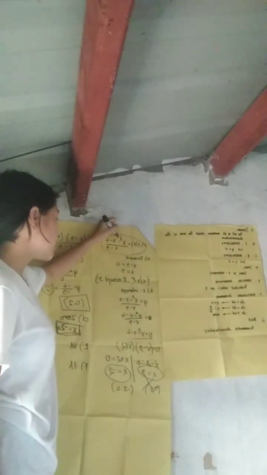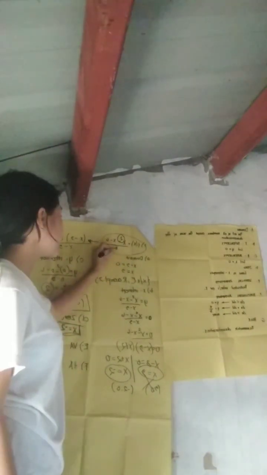If the degree of the numerator is greater than the degree of the denominator, then there is none. Looking at our example, the horizontal asymptote is none.